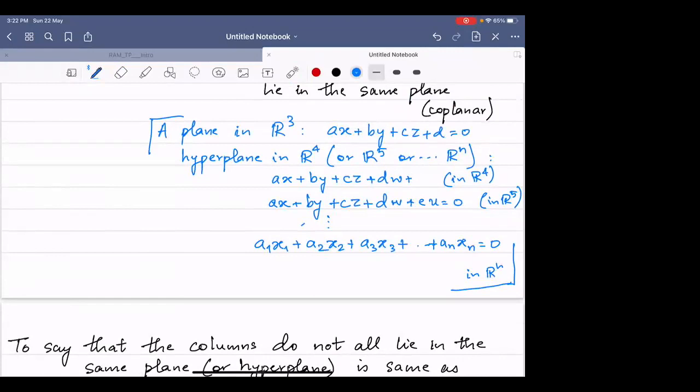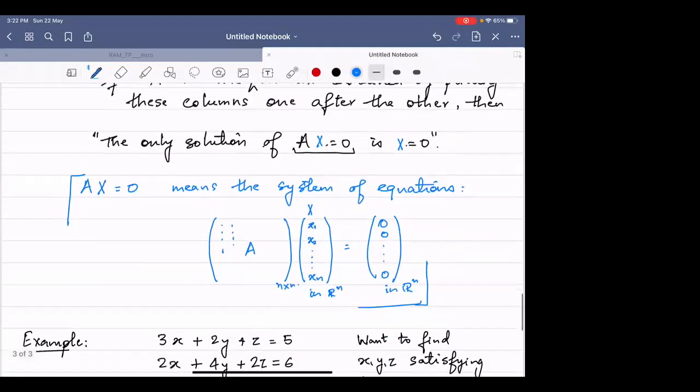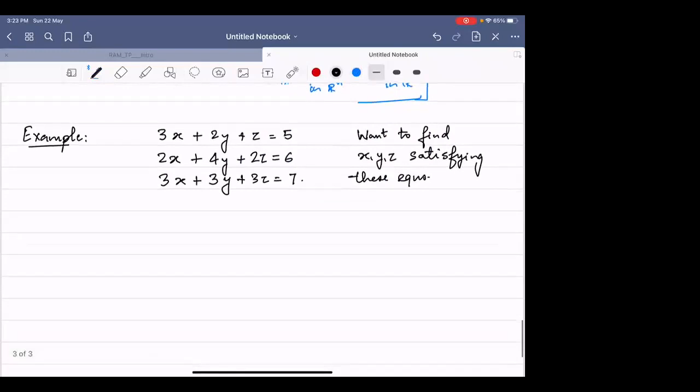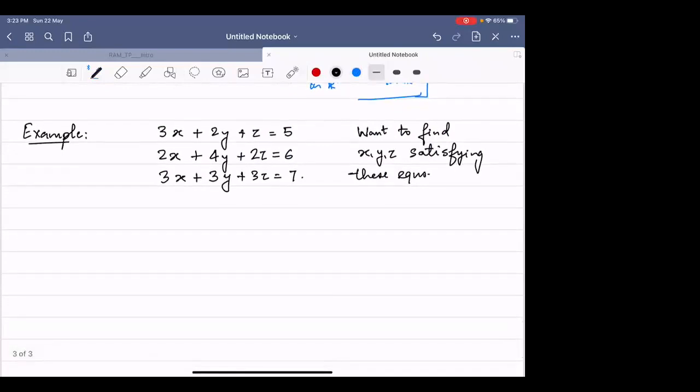Just for posterity, I will correct this, but it is not going to affect anything for now. Just say plus some k. Let's leave it at that. So these are three equations, three planes, and we want to find x, y, z that lie on all three, which is like saying we want to find the intersection point of all three.